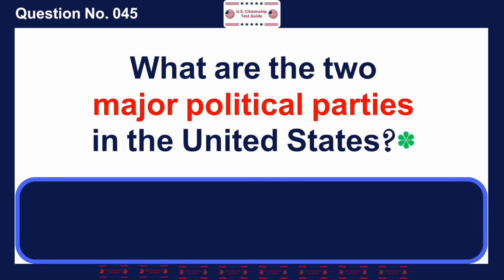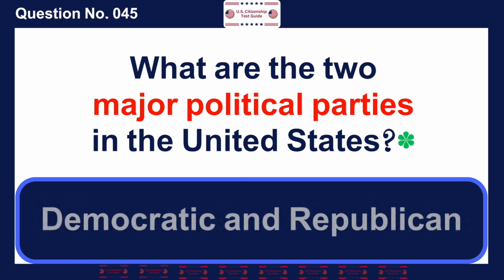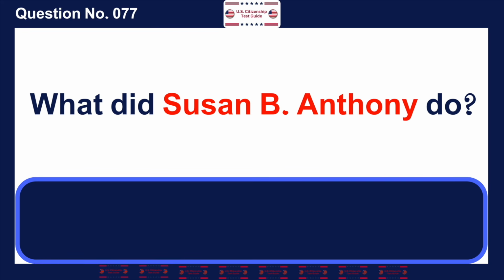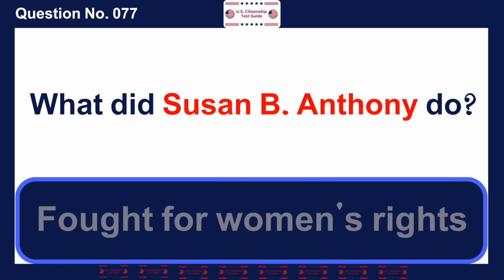What are the two major political parties in the United States? Democratic and Republican. What did Susan B. Anthony do? Fought for women's rights.